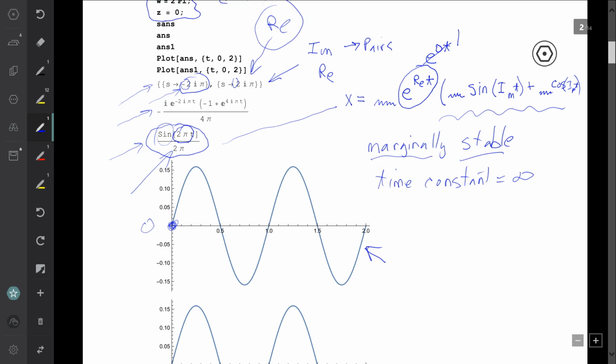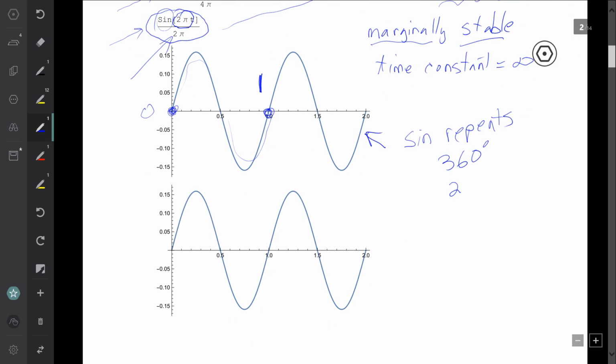So it begins here, and it finishes one cycle right here, at time equal to 1. The sine and the cosine repeat at 360 degrees. Every 360 degrees it repeats.